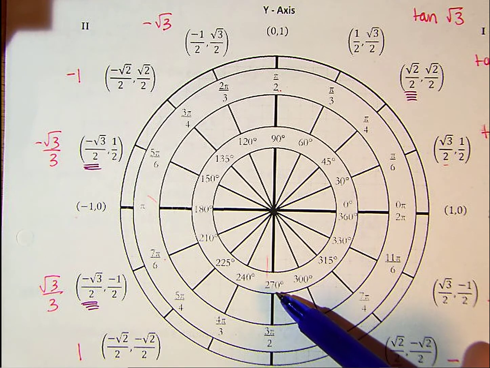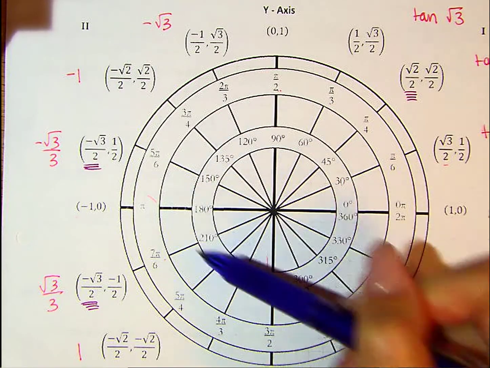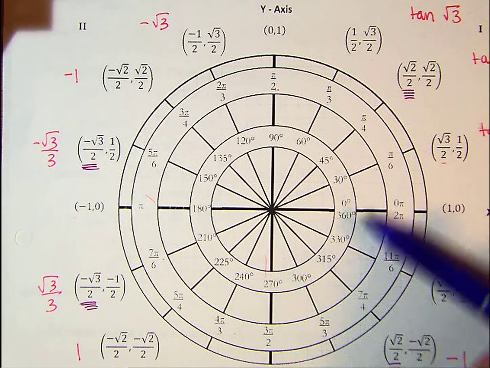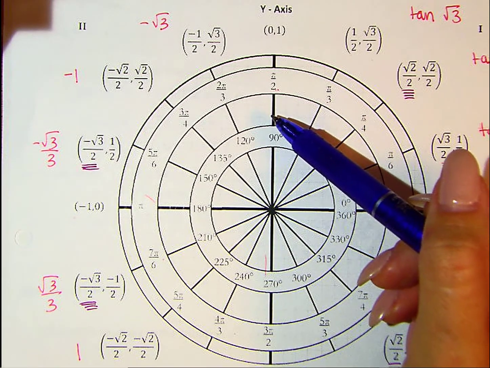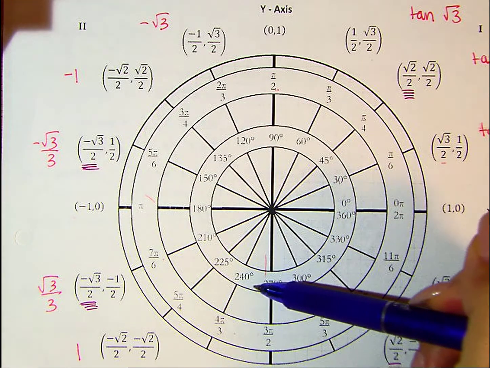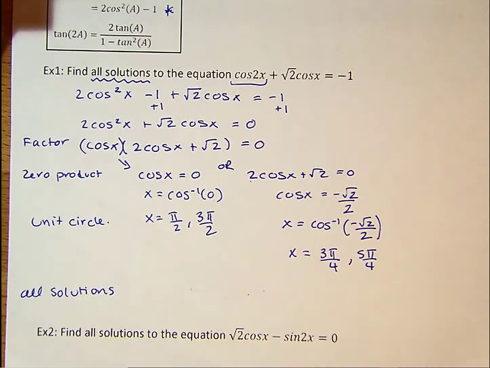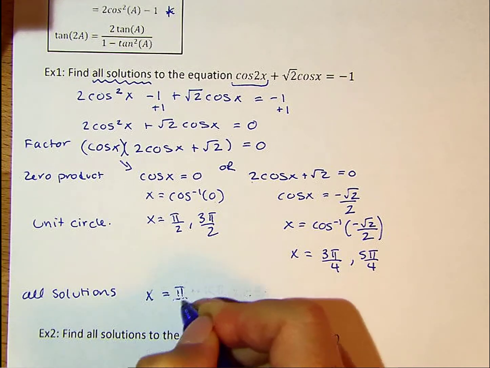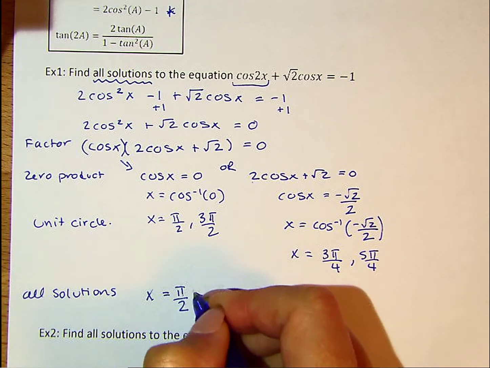We can actually simplify that and write pi over 2 plus pi, plus pi, plus pi. It gives us the same answers and it's more simplified. So we're actually going to write pi over 2 plus pi k, where k is an element of integers. And that will incorporate that 3 pi over 2.